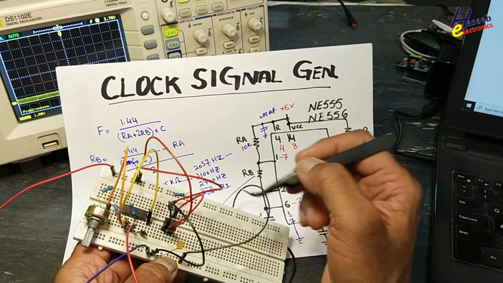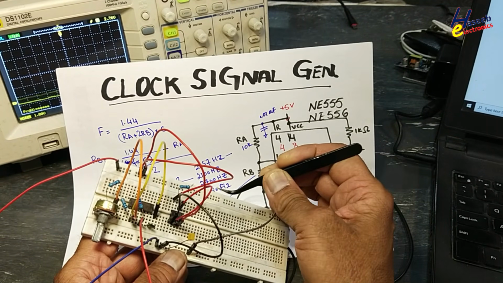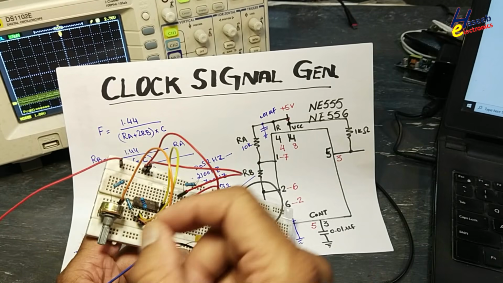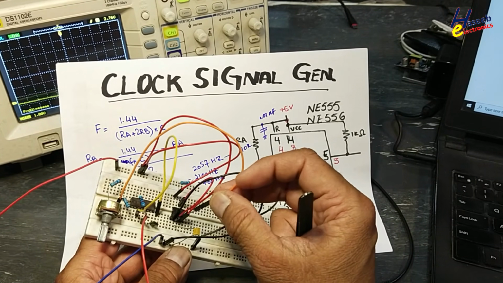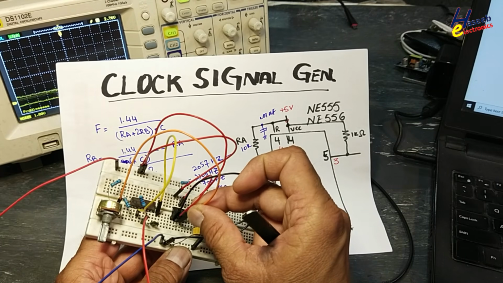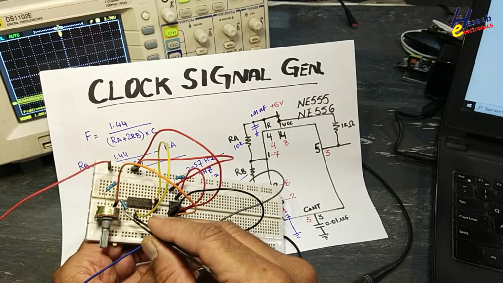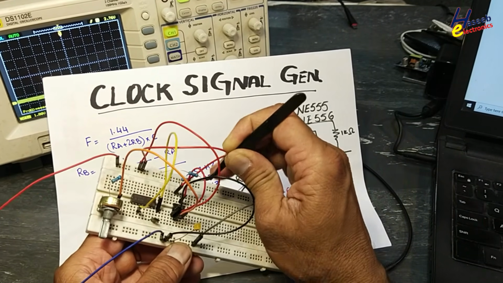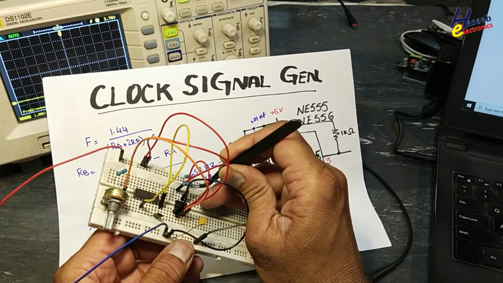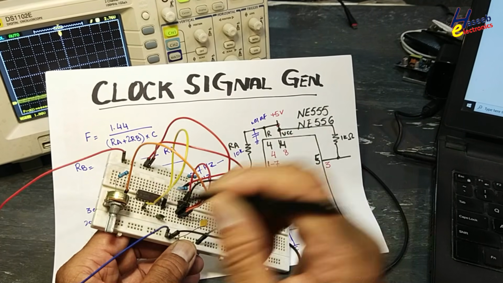We will connect the second resistor, a 20k resistor, between 7 and 6 with this potentiometer. This potentiometer goes to pin number 2. From pin number 7 to the potentiometer we have this 10k resistor and then the 20k resistors in series.